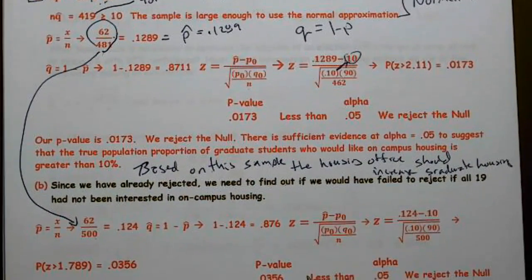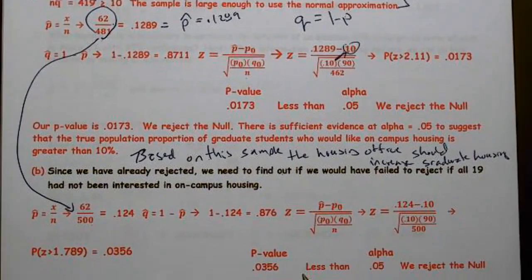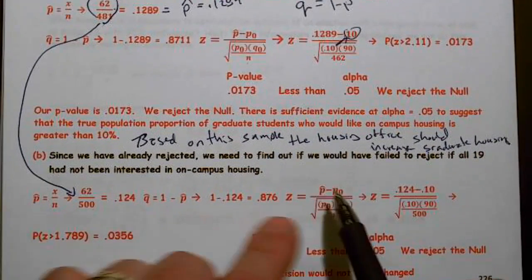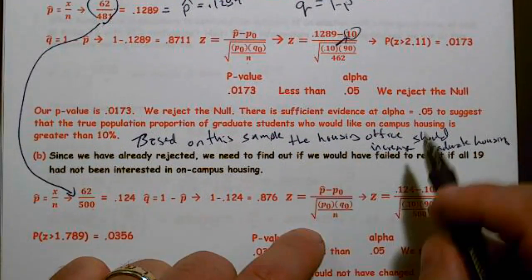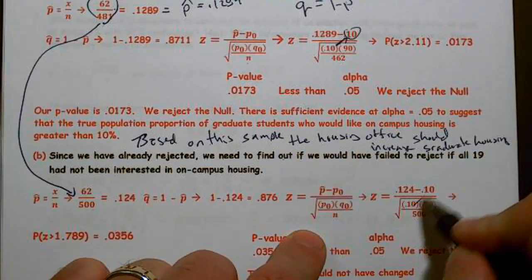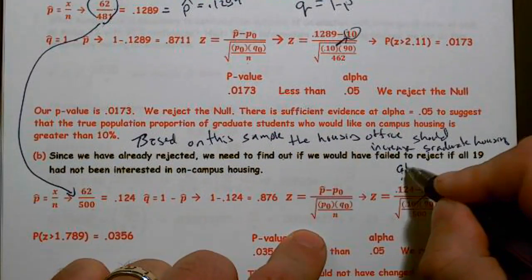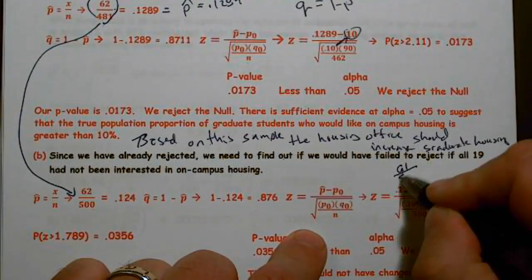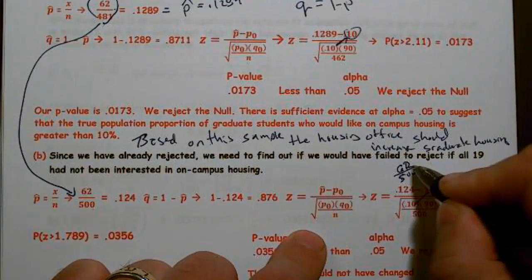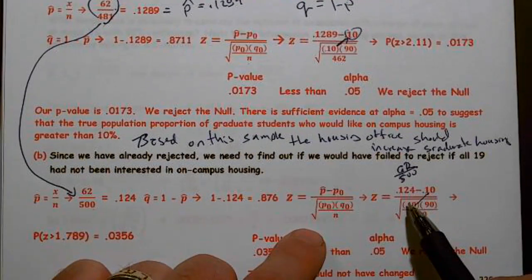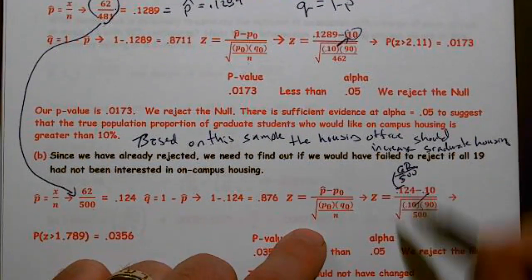We've already done all the conditions, etc. And as it turns out, we plug in and notice this is still the same here, but the p hat is what's changed because this is now 62 over 500 as opposed to 62 over 481. So this is the only thing that's changed.